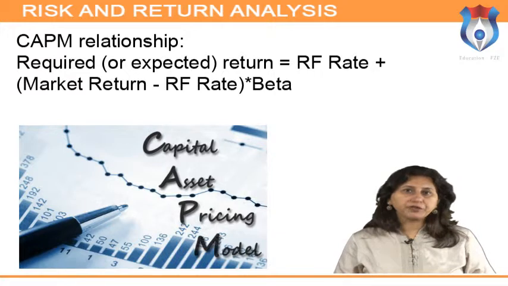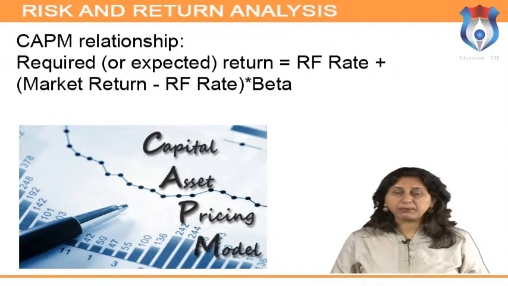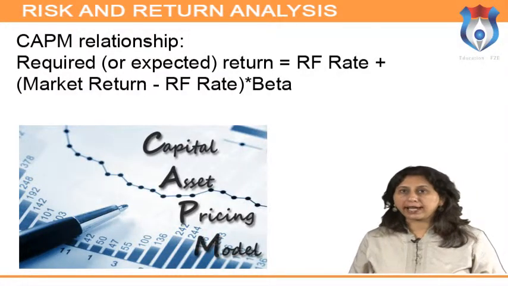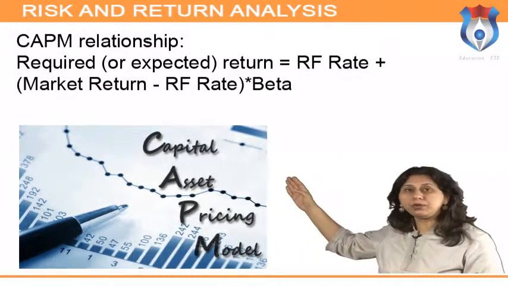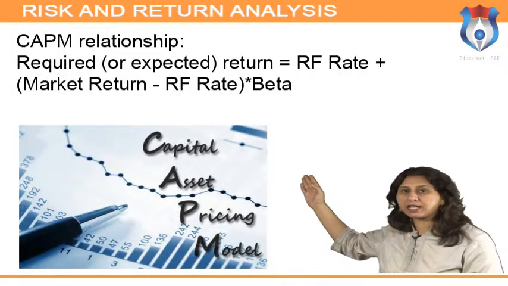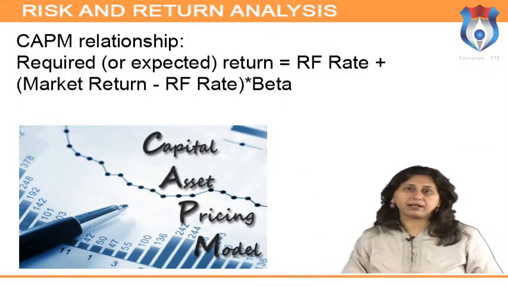The commonly used formula to describe the CAPM relationship is as follows. Required or expected return is equal to RF rate plus market return minus RF rate, times beta.